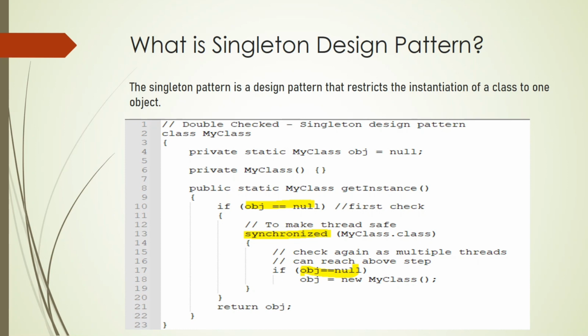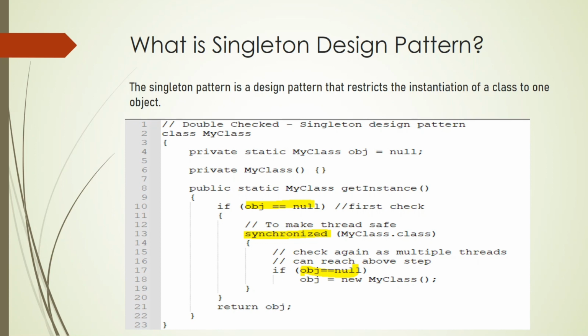So what is singleton design pattern? Singleton design pattern is a design pattern that restricts the instantiation of a class to one object. That means in the context there will be only one instance of this class. Okay, so see, this is an example wherein the singleton design pattern is implemented. There are multiple flavors of singleton design patterns. Out of those, this one is the double check singleton design pattern with synchronization.